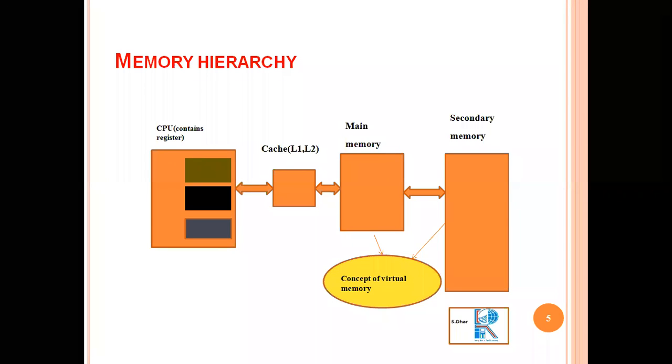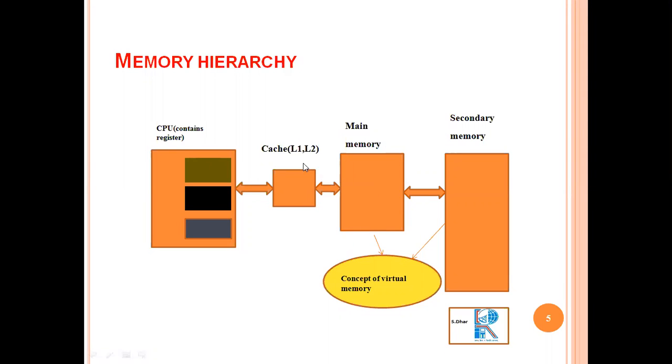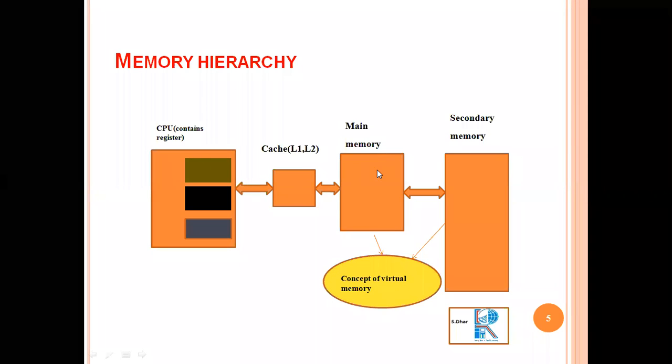After the registers, then comes the main memory. I will tell about cache memory later. First, you see, this is the main memory. The distance between the CPU and the main memory is more than that of the registers. Obviously, main memory is slower than the CPU and the registers. Clear? Why slower? Because whenever a program is stored in the main memory, there is some access time.